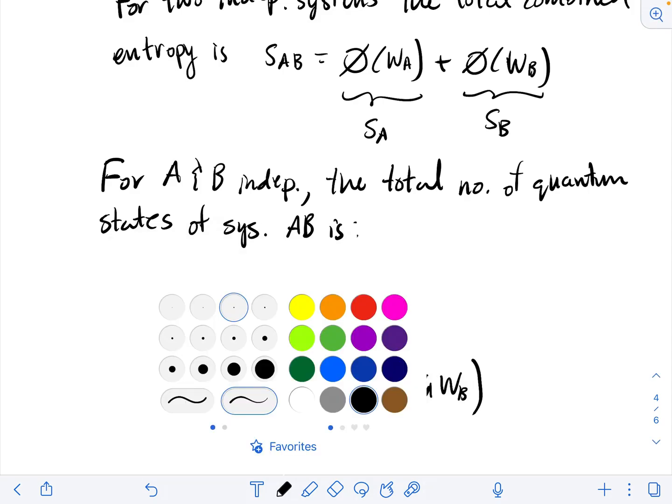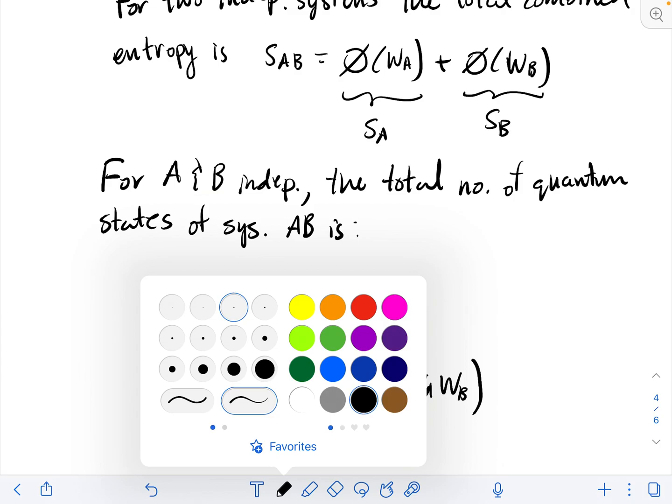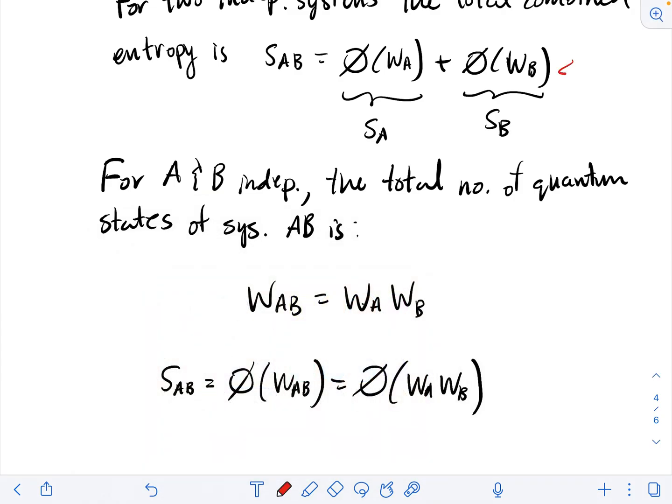Now we have 2 expressions for the entropy of the composite system. It's the sum of the entropy of the individual systems, or it's a function of the product of the microstates of the individual systems.